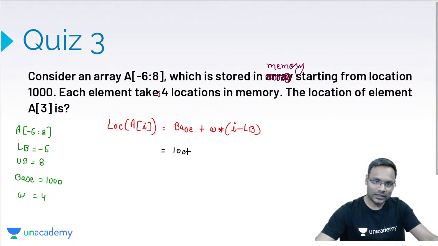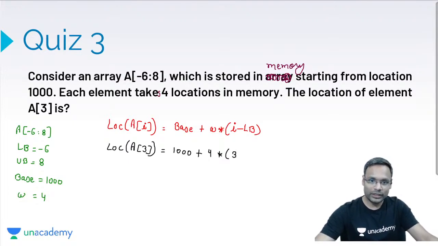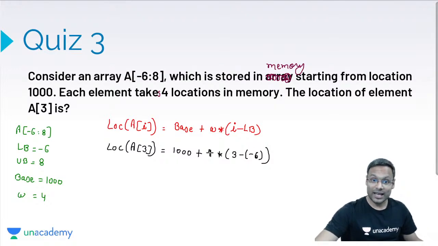Base is 1000 plus W क्या है? How many locations? 4 each element, plus I. What location of which element I'll have to find? For A of 3 is asked. 3 minus lower bound, which is minus 6. 3 minus minus 6, which is 3 plus 6, 9. 9 into 4, 36. 1036 is the correct answer.